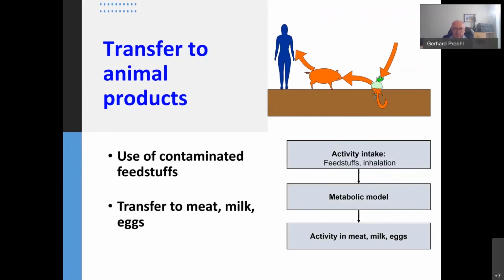The next part is related to the transfer to animal products. This depends on the use of contaminated feedstuffs and the transfer to meat and milk. Here on the right side, you see a simple model about activity intake, the metabolic model, and the transfer to meat and milk.